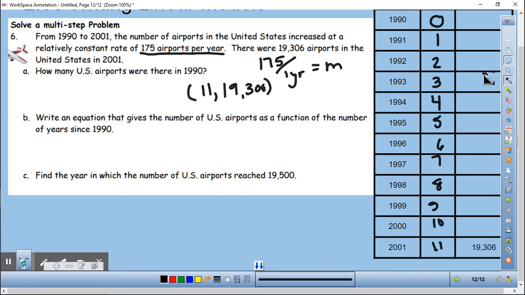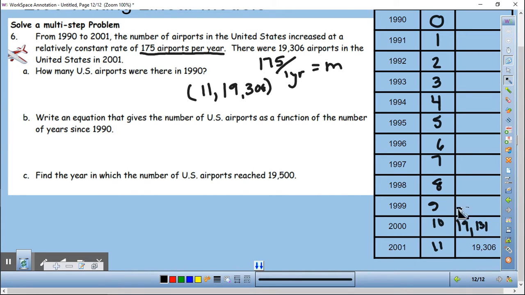So let's think, what do I know? I know a slope and I know a point. I need to make an equation, and that's going to help me solve this problem of how many airports there were in 1990. Well, of course, you could just go here, knowing that it increased at a rate of 175, and subtract that from this final number, and we get 19,131.